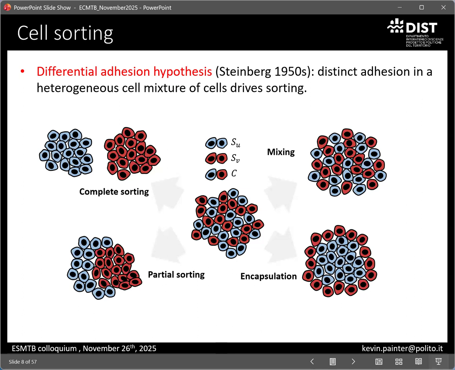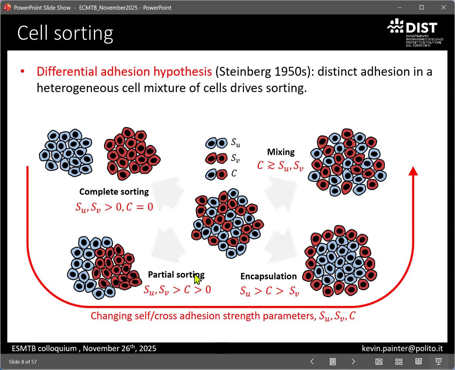The different types of pattern are driven by the precise configuration of these cell adhesion parameters. So, as I say, this was a model proposed to describe cell sorting behavior based on distinct adhesions between the different cell types in the population.